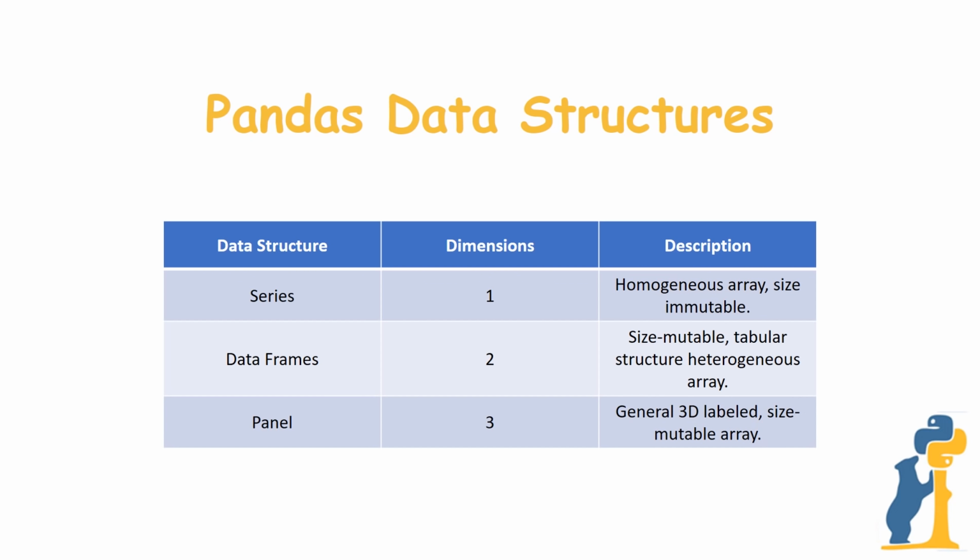Data frame size is mutable, we can change the size, and the data frame stores the data in a tabular structure. We can store heterogeneous elements. Panel has 3 dimensions. We can store an array of values. Its size is mutable, we can change the size of the panel anytime.